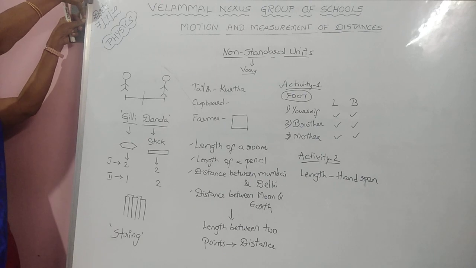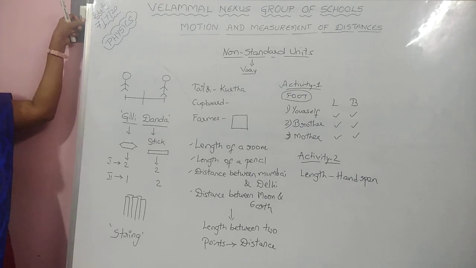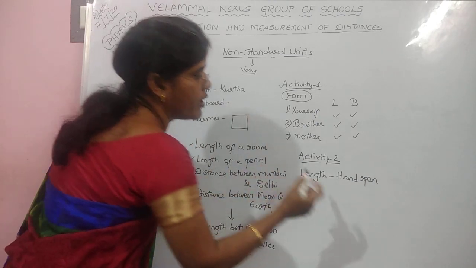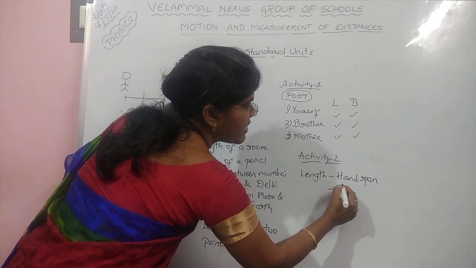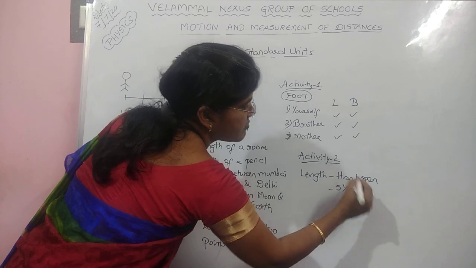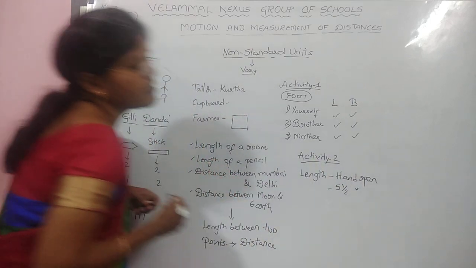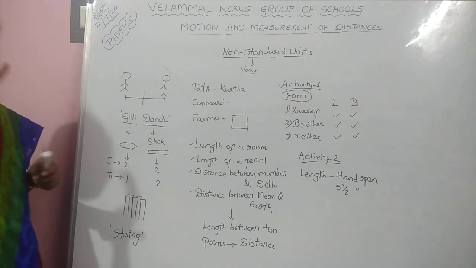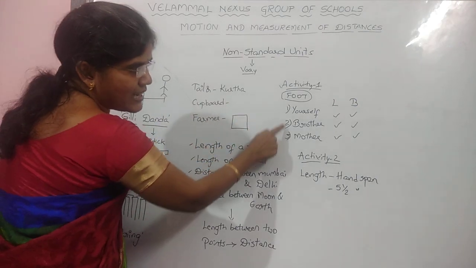And one more half, so you got 5.5, you can call it 5.5 handspans. So when I measure the breadth of my board, I got 5.5 handspans. Like this, you take your own table at home and find out similarly.